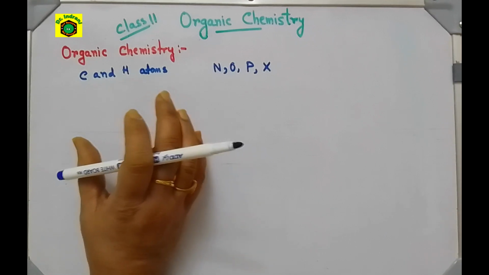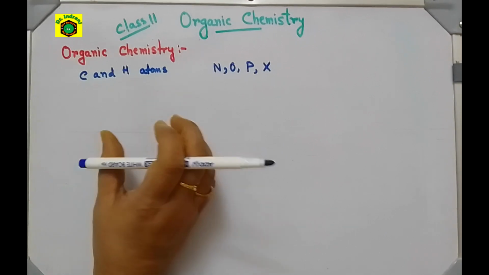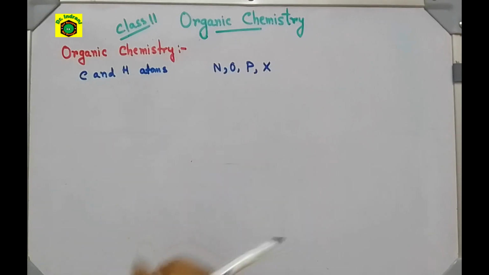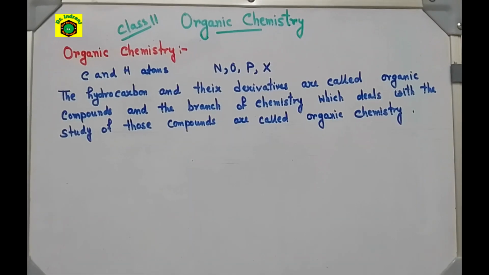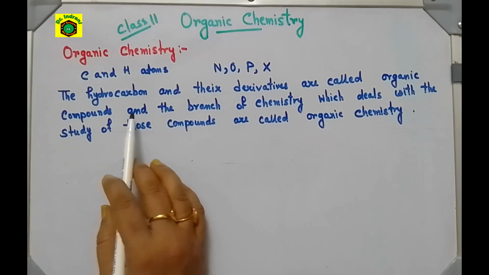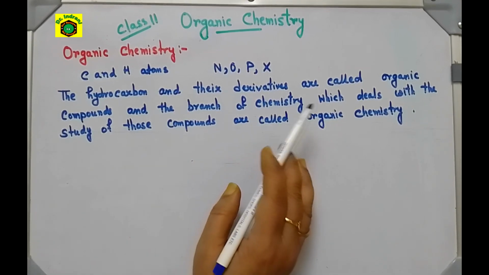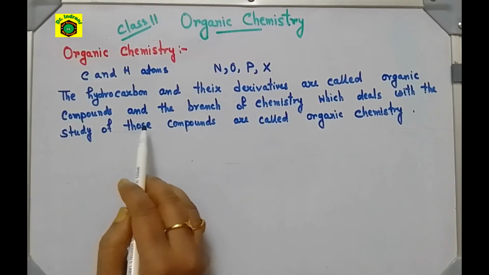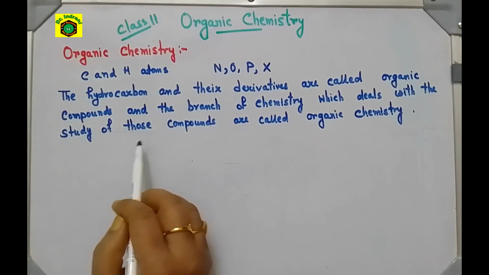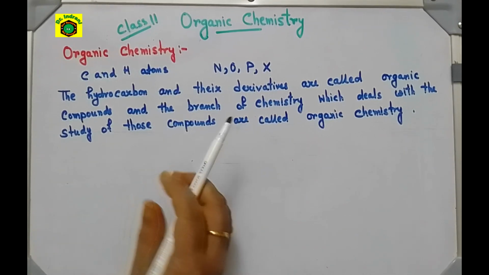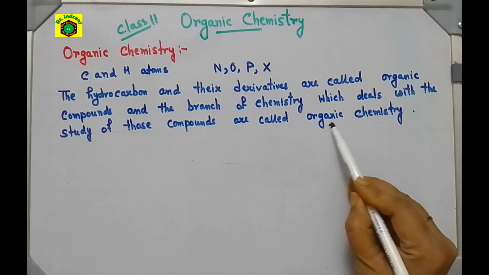So, what should be the definition of organic chemistry? The hydrocarbons and their derivatives are called organic compounds, and the branch of chemistry which deals with the study of those compounds is called organic chemistry.